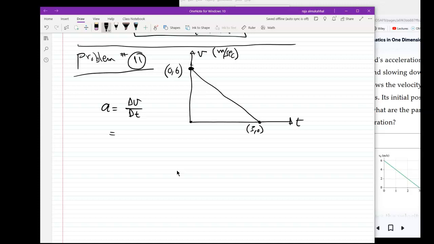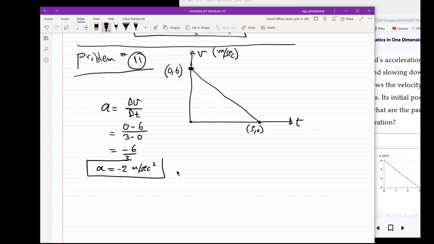Calculating, that's 0 minus 6 divided by 3 minus 0. So the acceleration is minus 6 over 3, which is negative 2 meters per second squared. So I found the acceleration of the object.